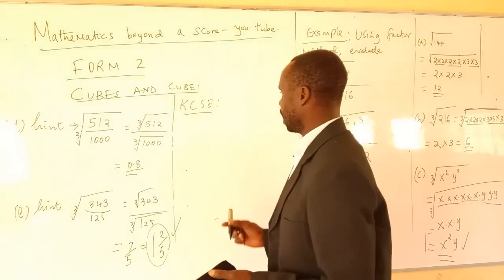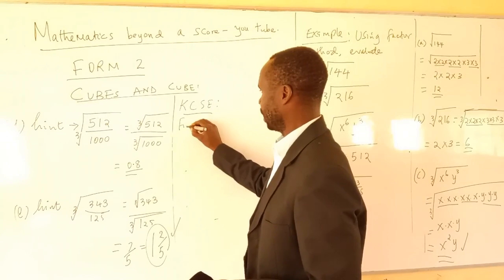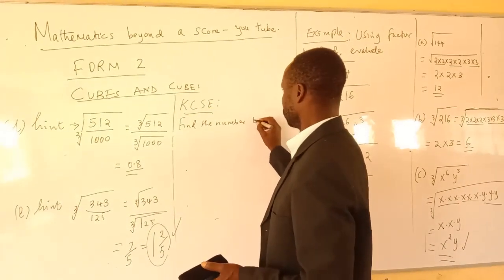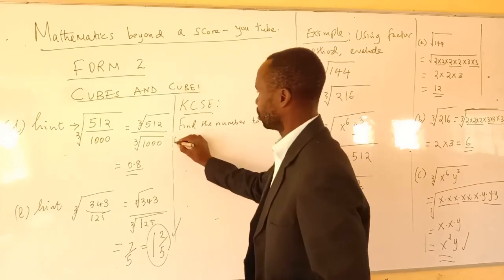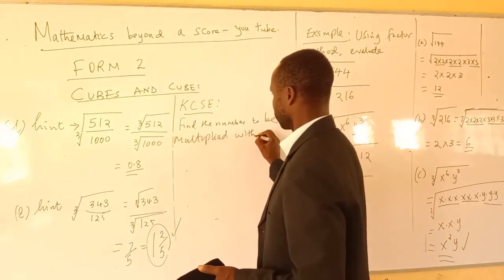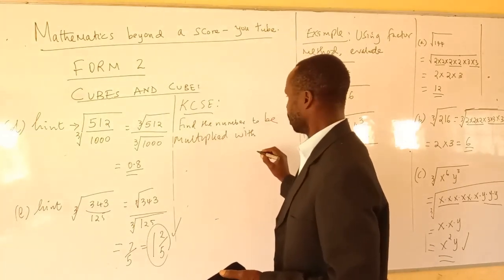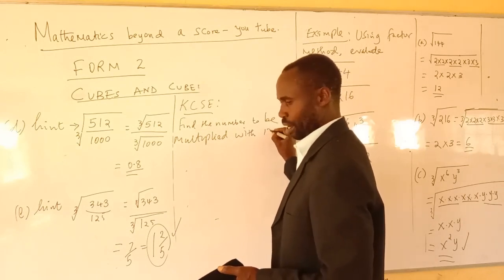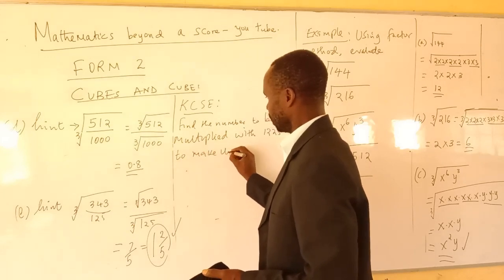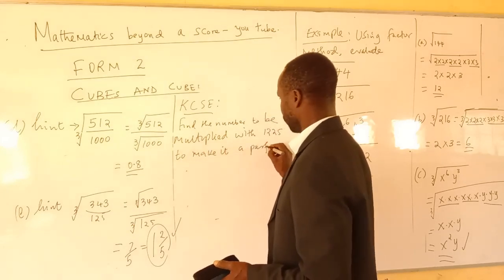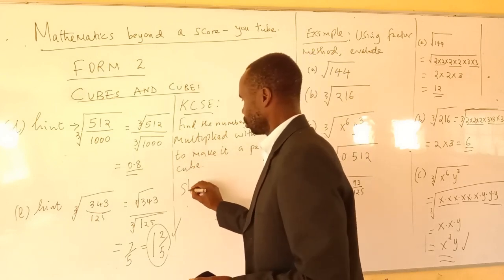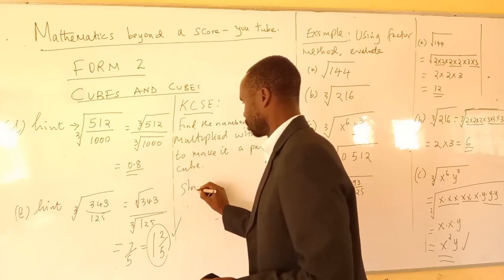Find the number to be multiplied with 1225 to make it a perfect cube. The solution to this is easy, extremely easy.